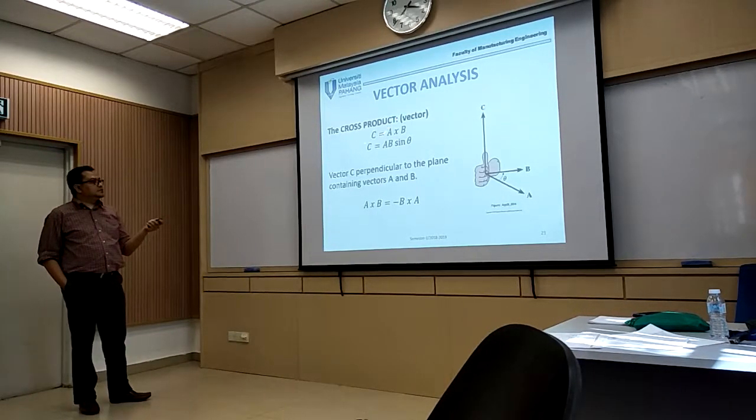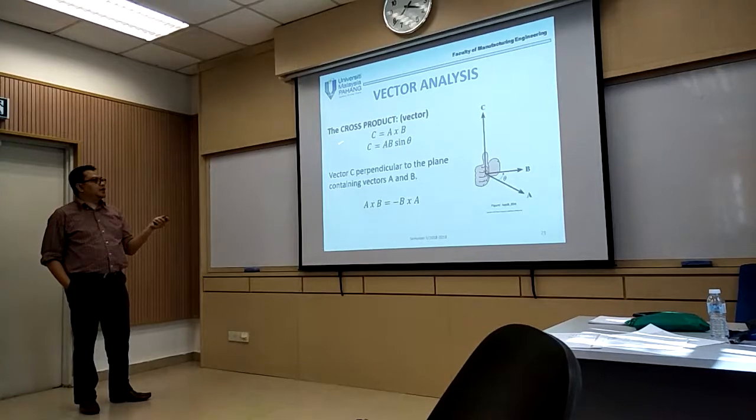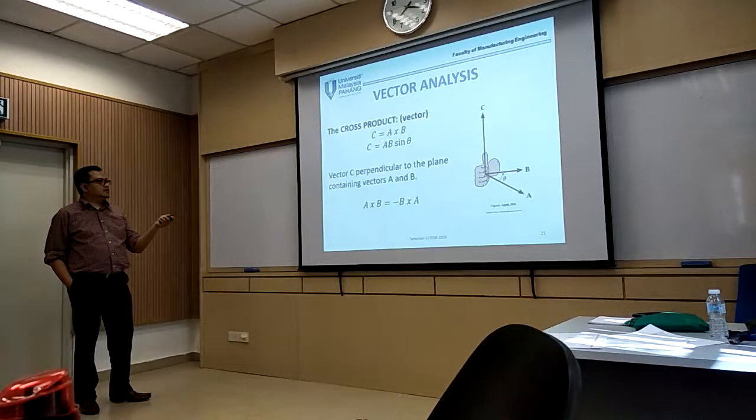And then the vector product: if we do the cross product between two vectors, a cross b, the scalar result is ab sine theta, but it also has a vector product, so the vector will be c.